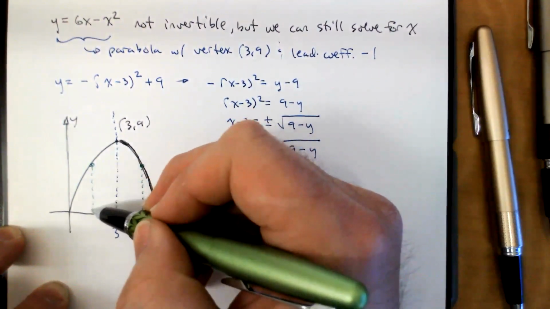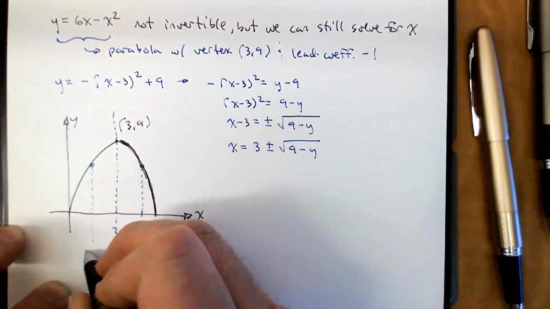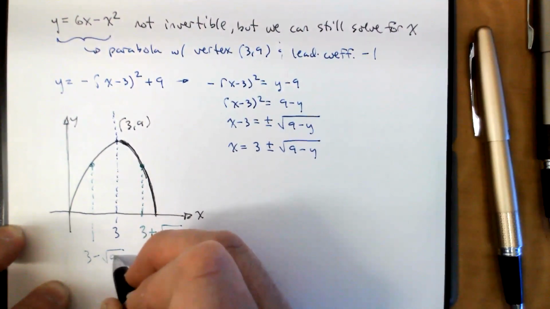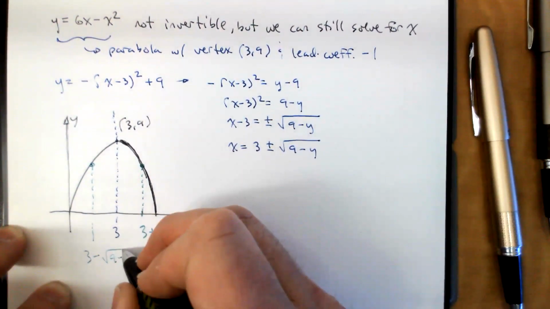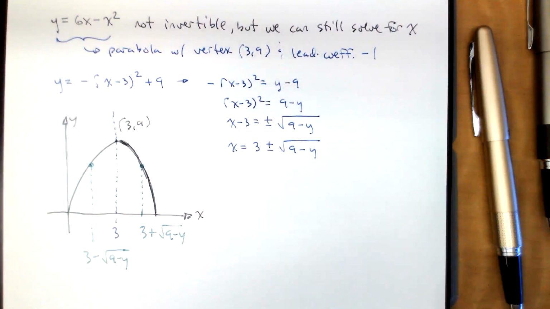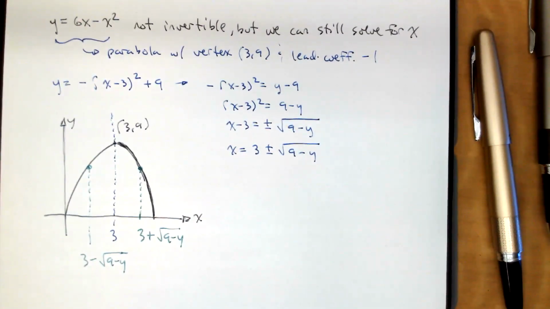And on the other side, we have 3 minus the square root of 9 minus y. So the middle's at 3, plus the square root, minus the square root.